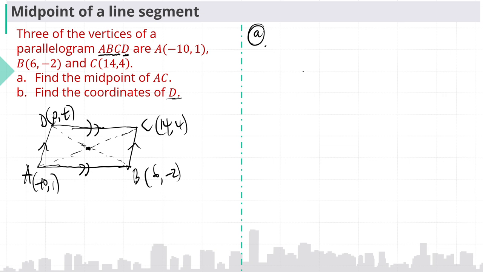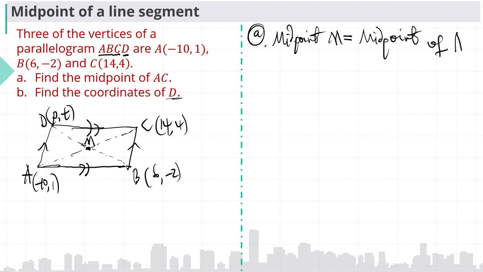Let me label the midpoint of AC as M. So we write midpoint M is equal to midpoint of AC.